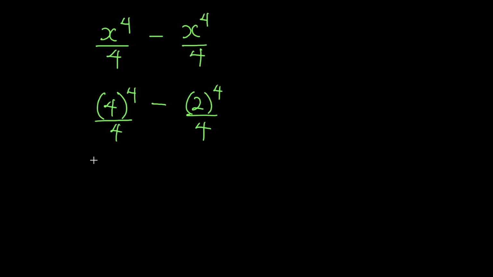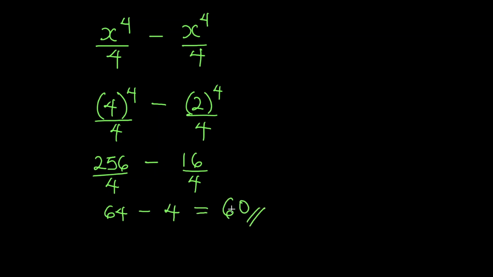So we are going to have 256 over 4 minus 16 over 4. 256 divided by 4 is 64 minus 4, and this becomes 60. The area under the curve is 60.